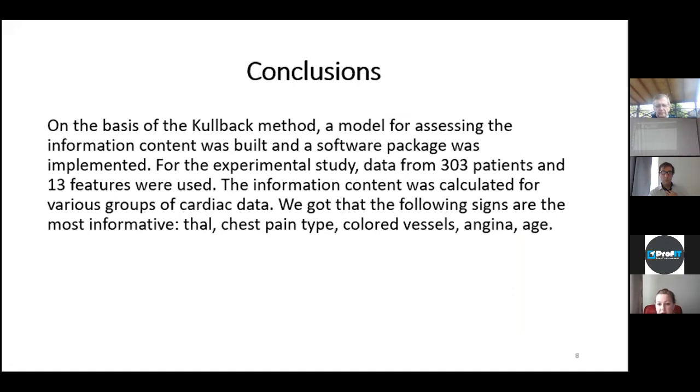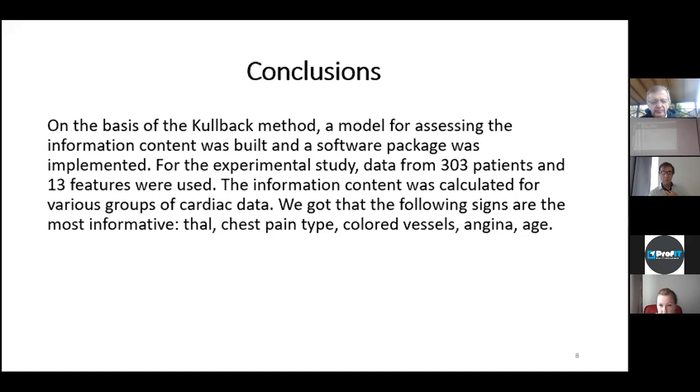On the basis of the Kullback method, a model for assessing the information content was built and a software package was implemented. For the experimental study, data from 303 patients and 13 features were used. The information content was calculated for this group of cardiac data. The most informative signs are thal, chest pain type, colored vessels, angina, and age.